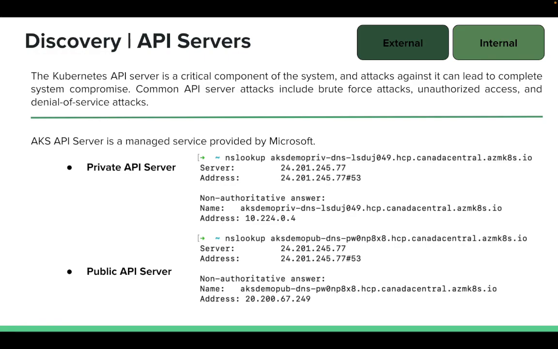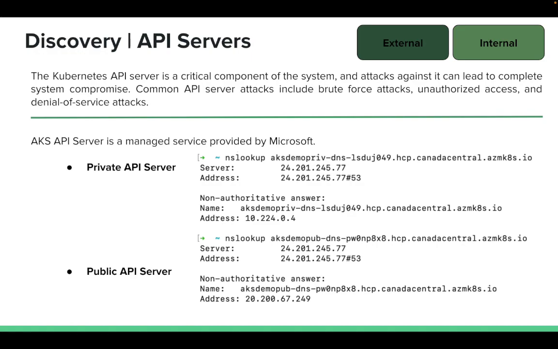As you can see, with the first query the resolver will answer you the private IP, versus with a public API server, the resolver will answer you the public IP. That will give some information to an attacker to identify if we have a public or private EKS cluster.